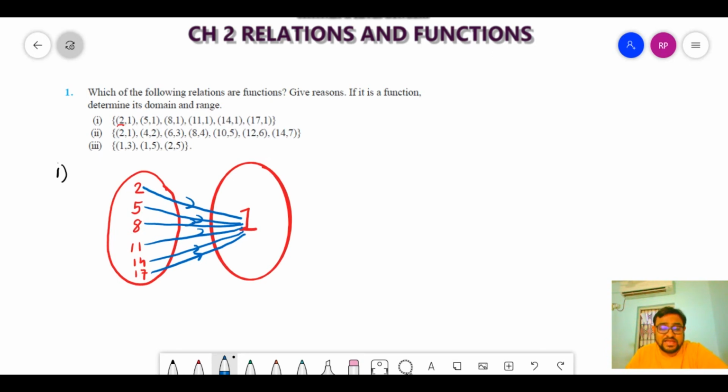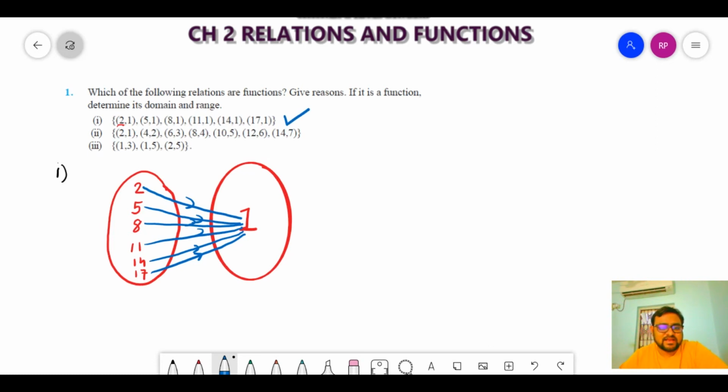So what was the definition of function? Every element of the domain will have one and only one image. So that is satisfying. So yes, this is a function.